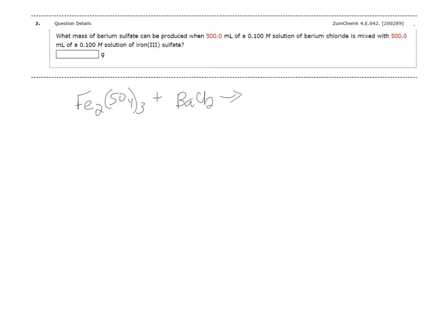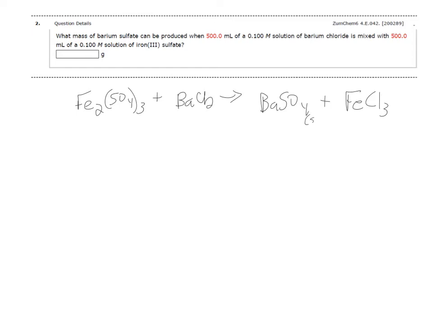To write the products, well, they gave you a hint in telling you that barium sulfate is going to precipitate, but you could also just say, what are the new combinations of ions that we could form? The other product besides barium sulfate would be iron(III) chloride.